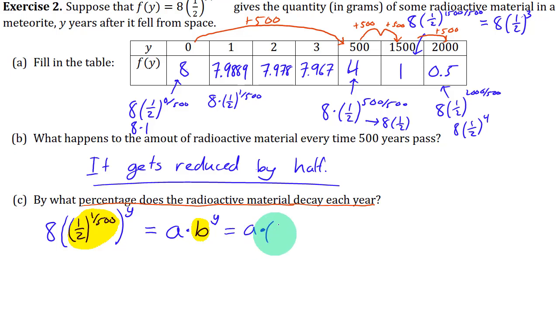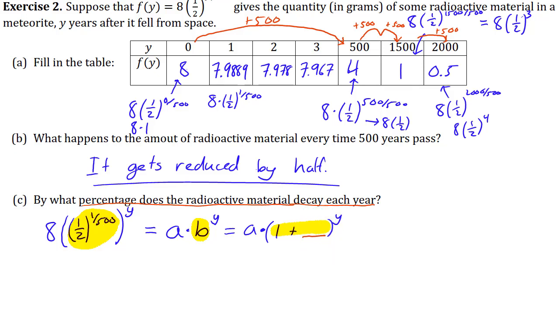That's what the value of r is if we write this in the form a times 1 plus r to the power y. So we've got to know what b is, and then once you know what b is, b is equal to 1 plus r, and then we can figure out the r.